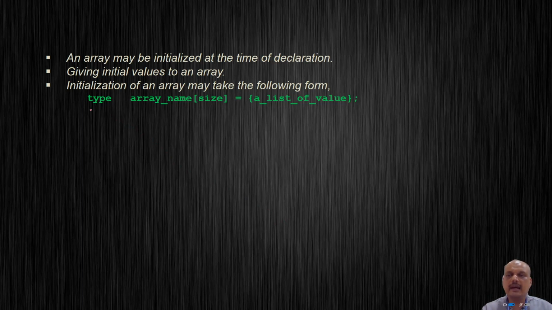Apart from declaring, an array can also be initialized when it is declared. Okay, so the syntax for declaration and initialization is as given here. First we have the data type, which indicates what type of data elements the array stores. Then we have the array name, then we have the size of the array, how many data elements we want to store, and then we can give the initial values of each of these elements in curly braces.